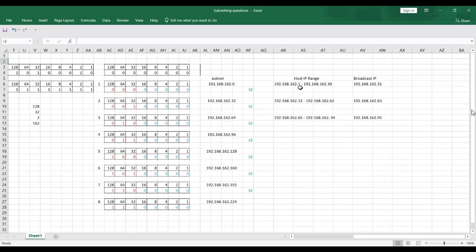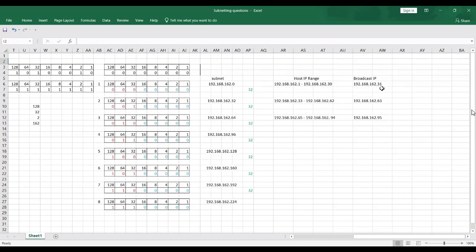The last IP address is where all these bits, 16, 8, 4, 2, become 1, and only the last bit, the 2 to the power 0 bit, always remains 0. When it comes to the broadcast address, all these blue 0 bits become 1. That is the bit pattern we use for the broadcast address.